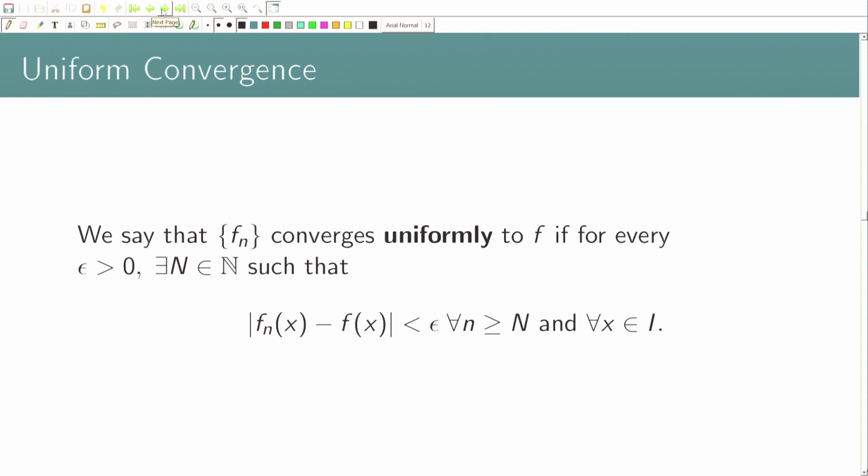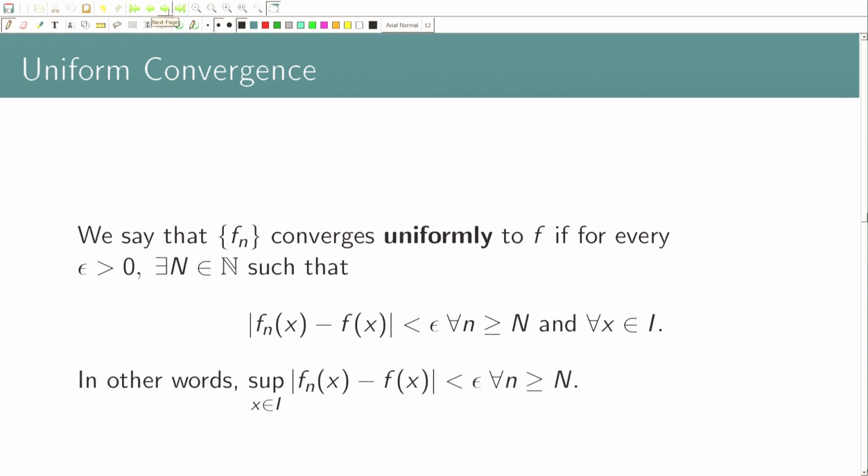In other words, we can say that for a given epsilon, the supremum over x belonging to I of mod f n x minus f of x is less than epsilon for all n greater or equal to n 0.